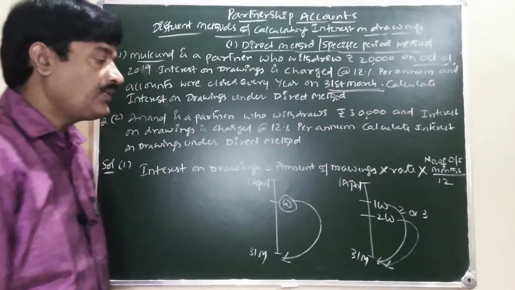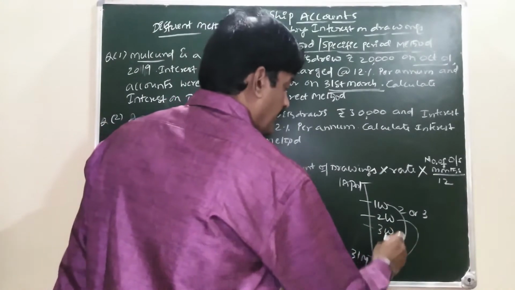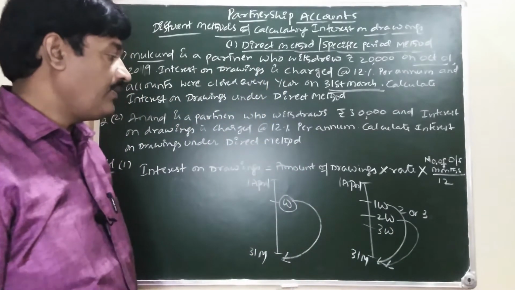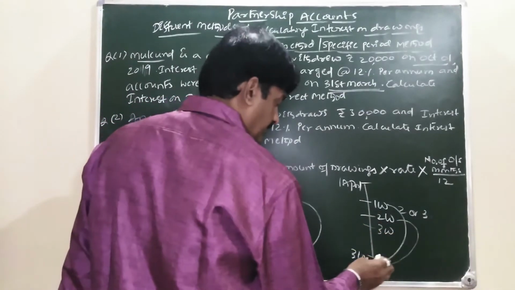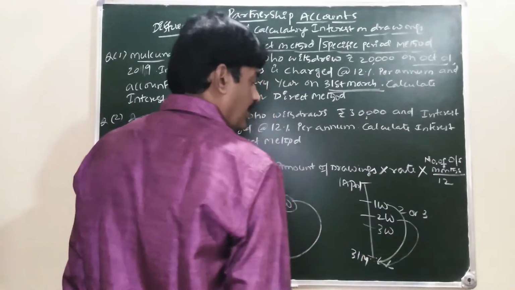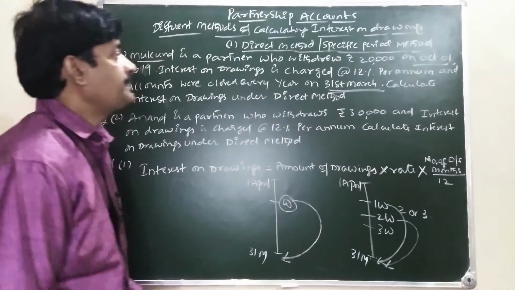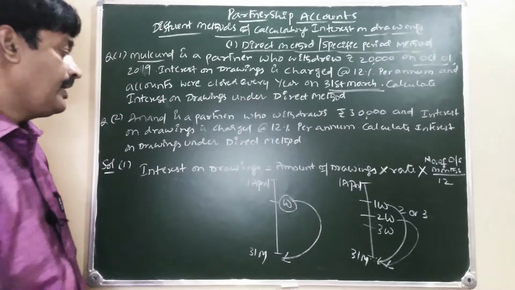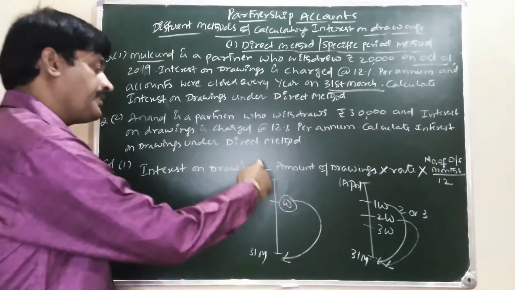If a third withdrawal is also there, we calculate interest on it from the date of third withdrawal to 31st March, the closing date of the accounting period. Generally, this method is applied where a single withdrawal is made during the particular accounting period.